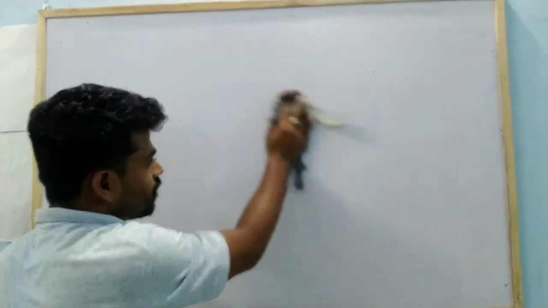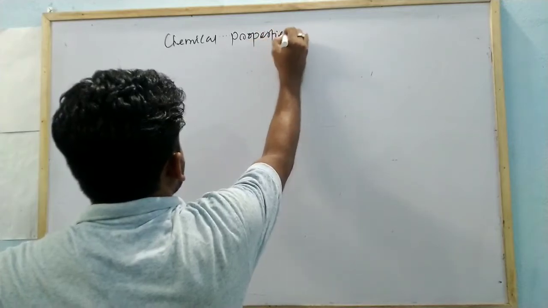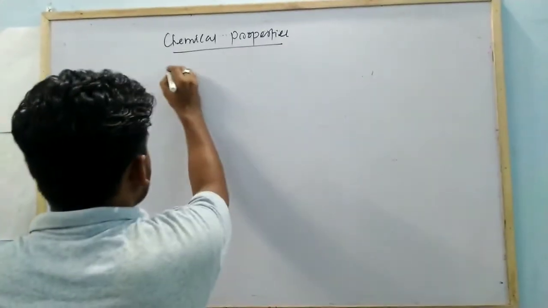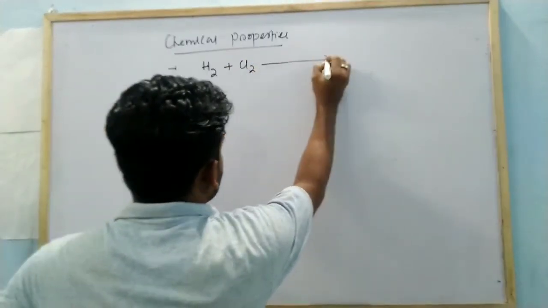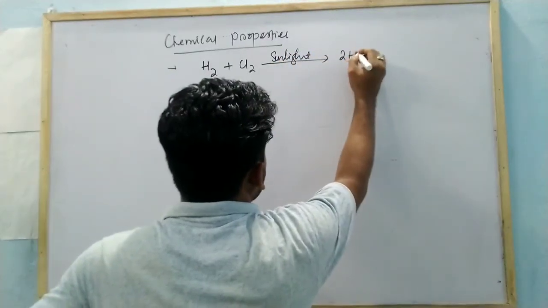After preparation, let us discuss its chemical properties. First, it reacts with hydrogen: H2 plus Cl2 in the presence of sunlight, a very simple reaction, gives 2HCl. It has affinity towards hydrogen.